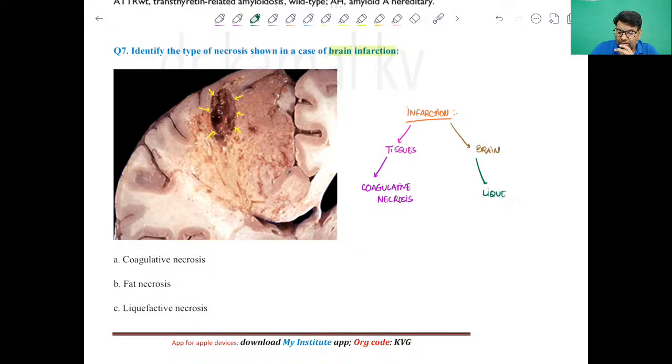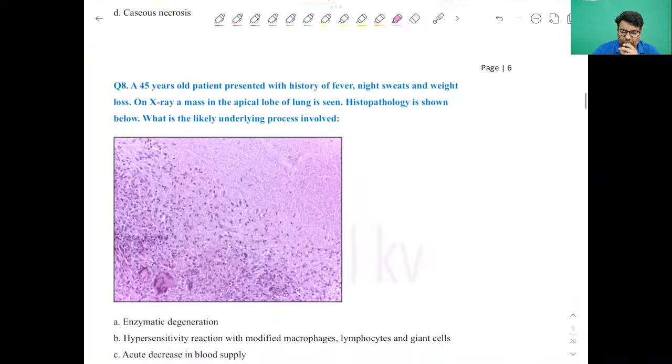So this is one exception where the basic mechanism is infarction, but instead of the coagulative necrosis shown in the majority of tissues, the brain shows liquefactive necrosis. So this has to be remembered. Infarction anywhere in the body is coagulative necrosis, but infarction in the brain will show liquefactive necrosis. So please remember that.